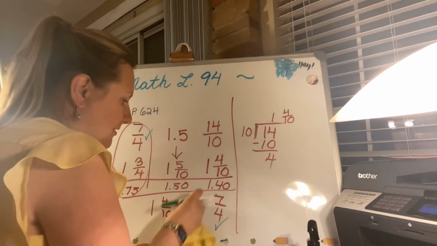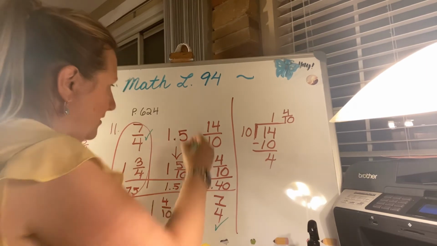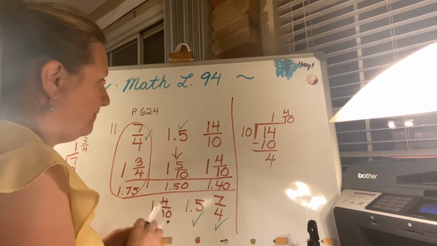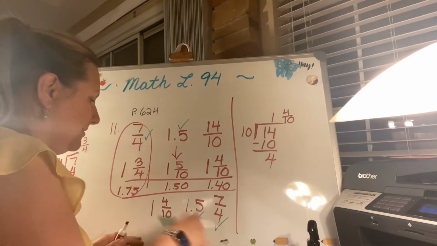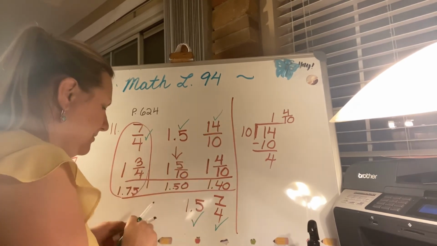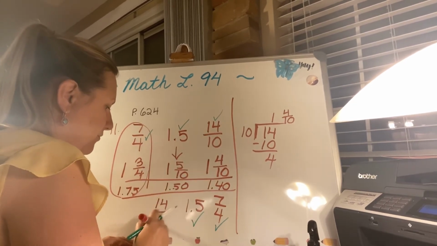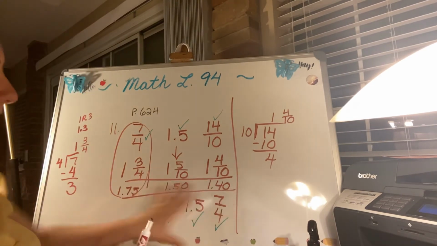Let me switch this to look back like the original number, 1.5. So yes, I got that one. Do I have the original 14/10? No. So I'm going to write 14/10. And so this becomes the order that is my final thing.